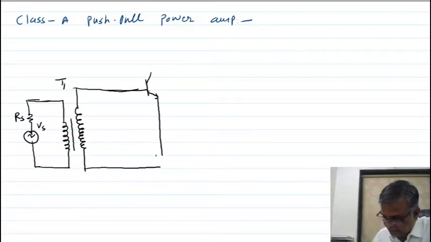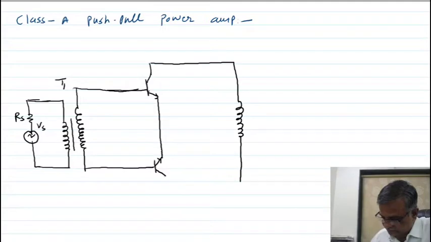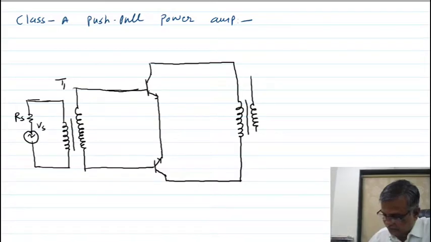Here I am connecting transistor Q2, and this is connected to the output transformer. This is the output transformer, I am calling it T2.